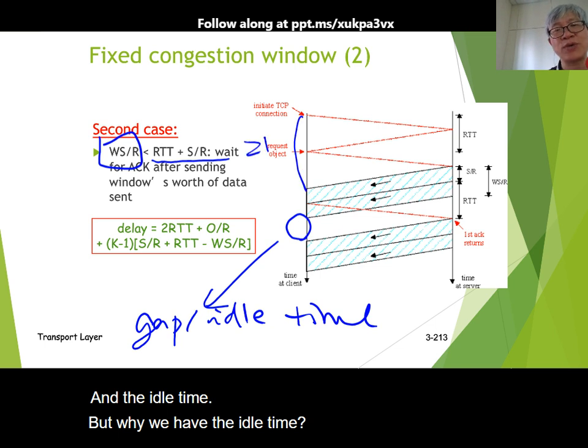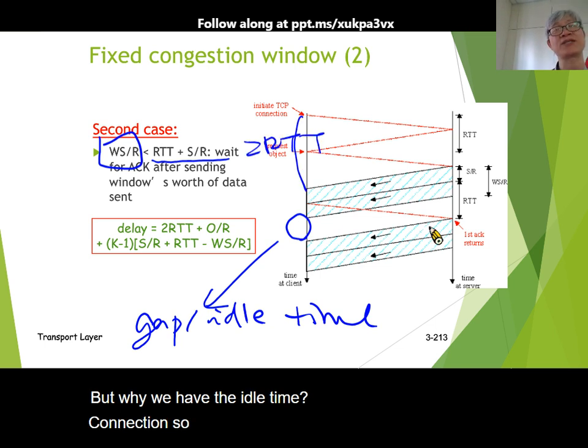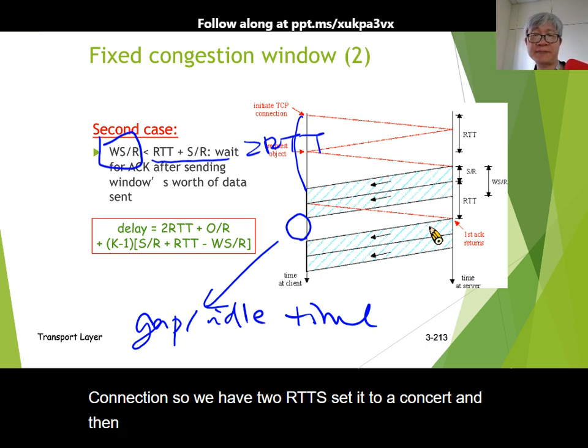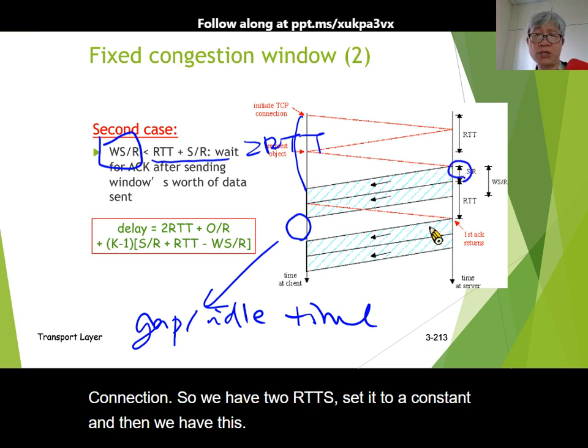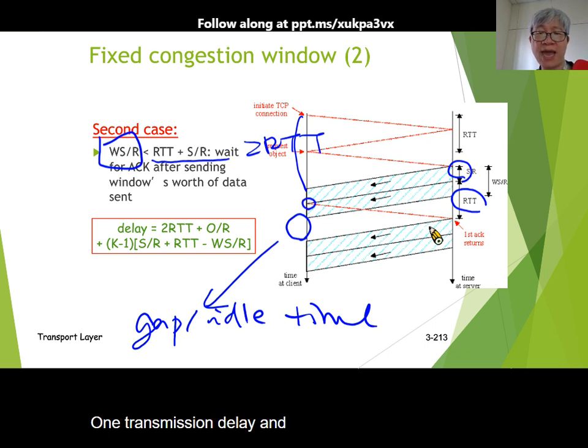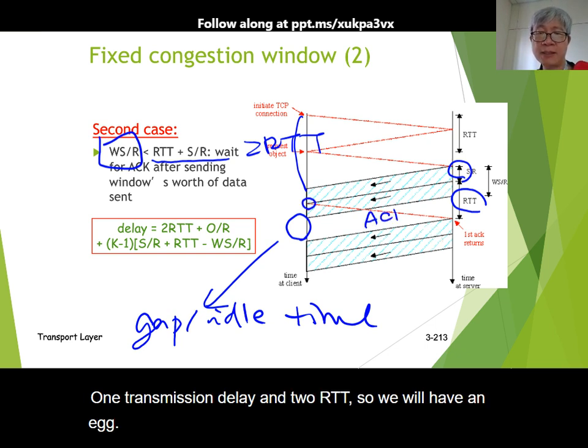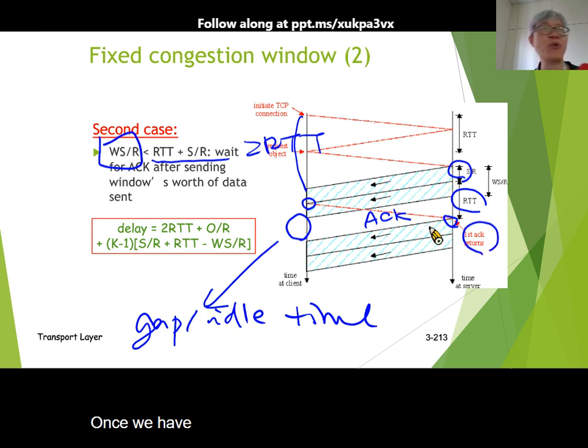Connection establishment, so we have 2 RTT, set as a constant. And then we have 1 transmission delay and 2 RTT, so we will have an ACK. Once we have an ACK, we can have the next transmission.